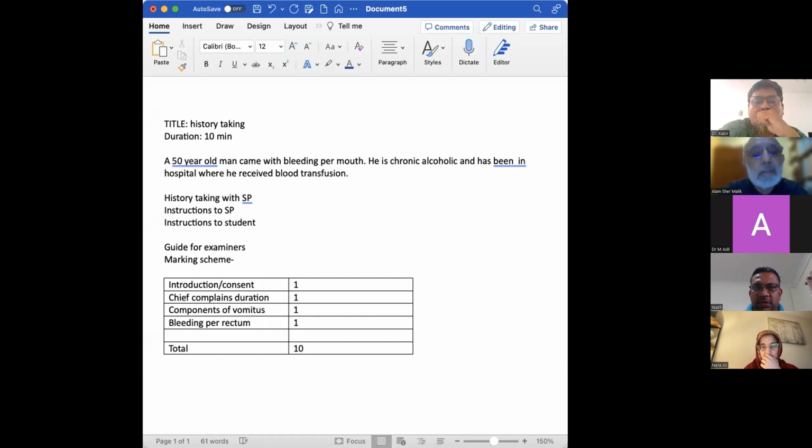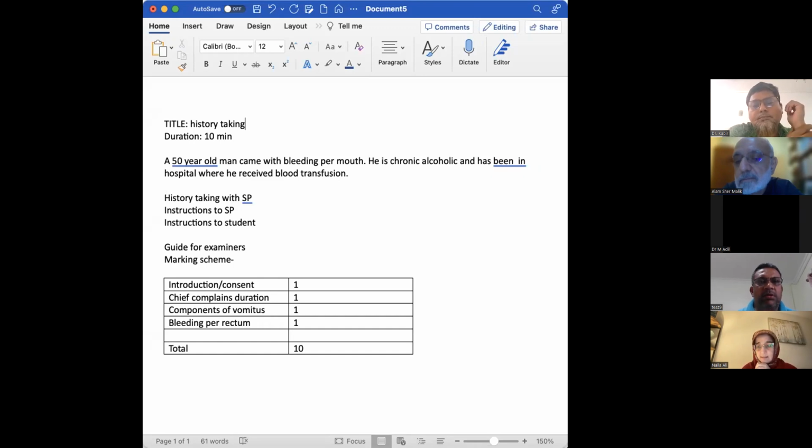If you have done this scenario, what would be your next step? Let's say you are developing this question. You have done this scenario. What is the immediate next step you would like to do? To sort of pilot it?